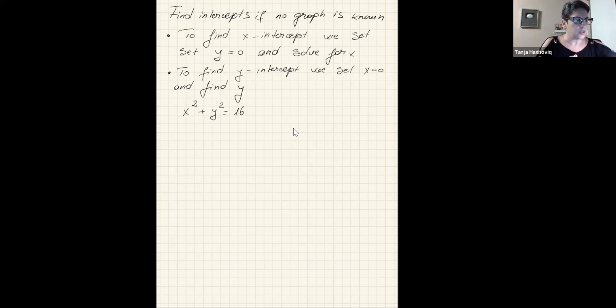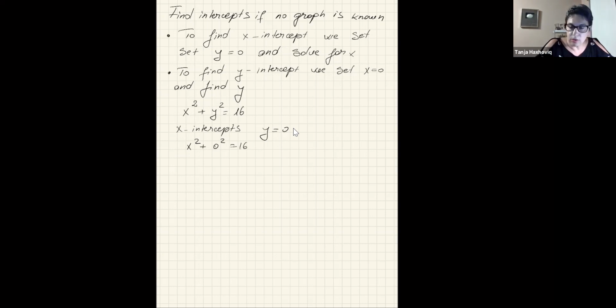Okay, so as we said before, for the x-intercept, I'll set y to 0. We'll let y be equal to 0, and then we have x squared plus 0 squared is equal to 16.